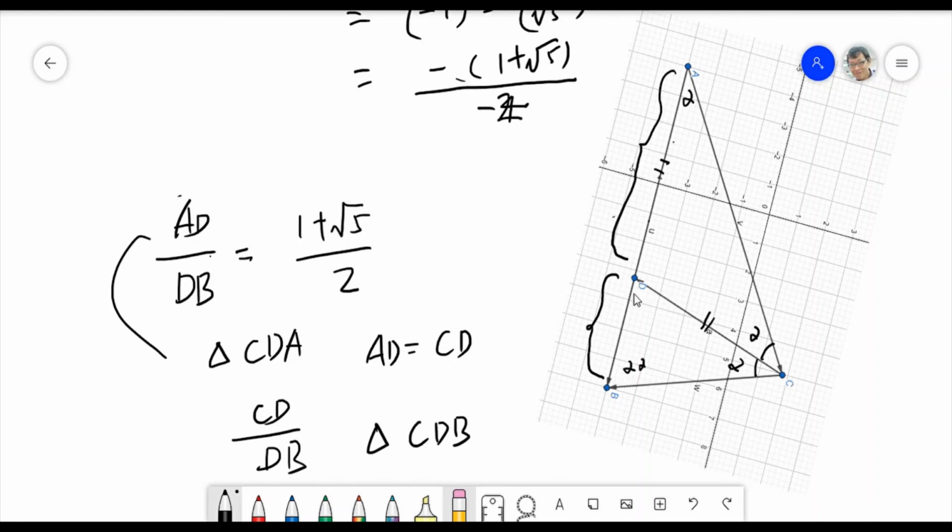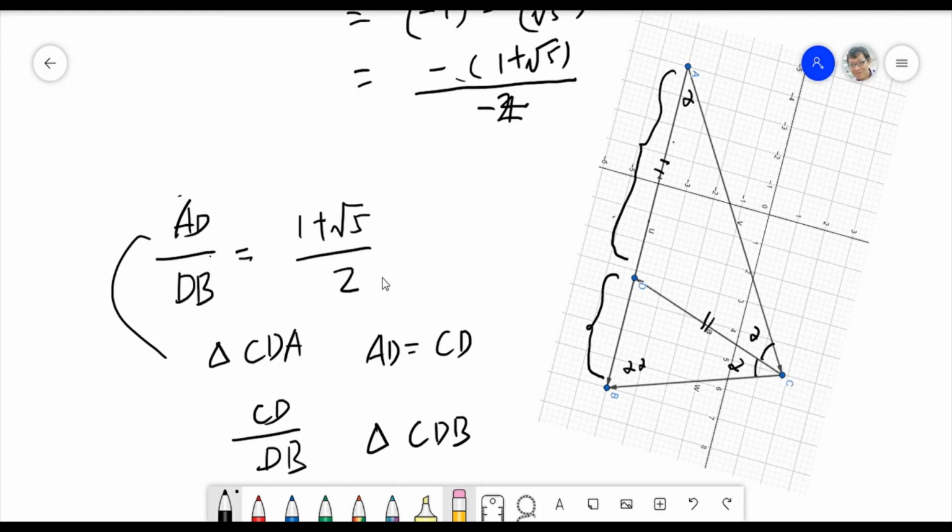Of course it's also two theta. So this is another golden triangle. Since this is another golden triangle, the side divided by the base is 1 plus square root of 5 over 2, right?